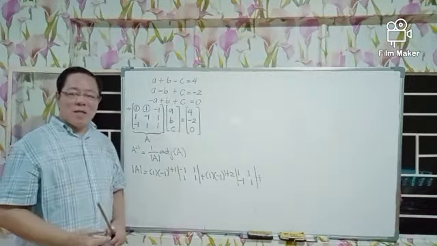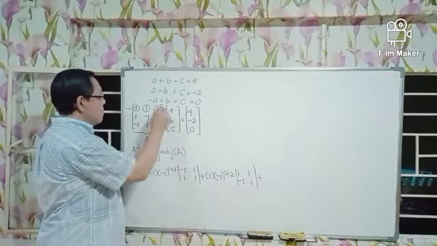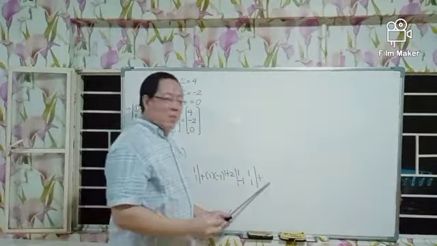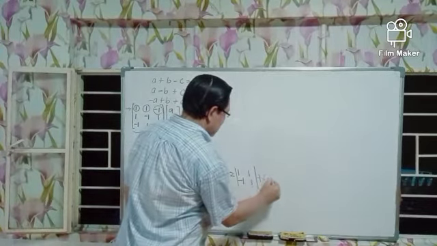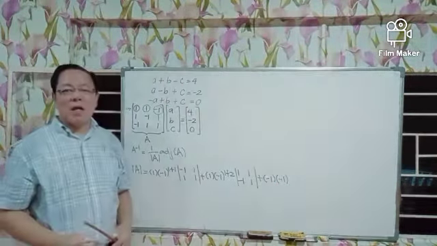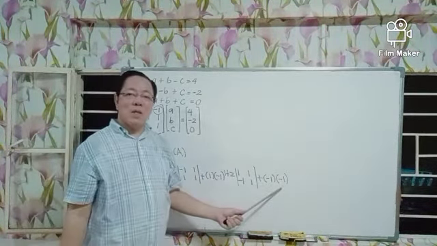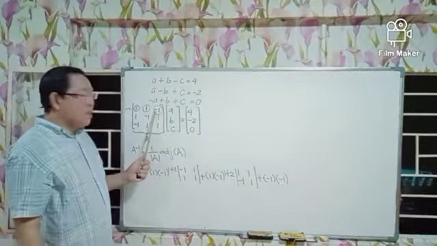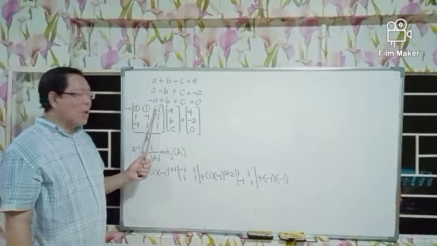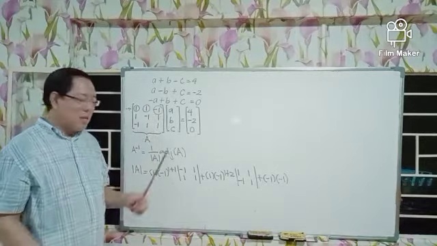The last entry in the first row is -1, plus -1, multiplied by the cofactor of -1, given by -1 raised to row number plus the column number of -1, which are 1 and 3 respectively.